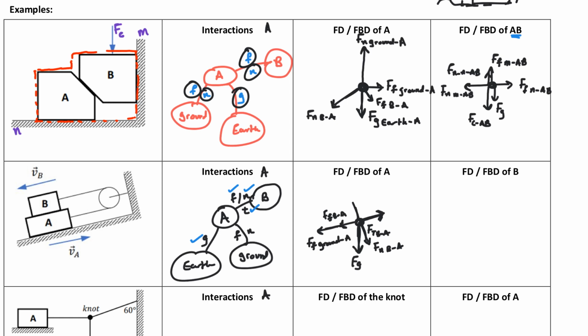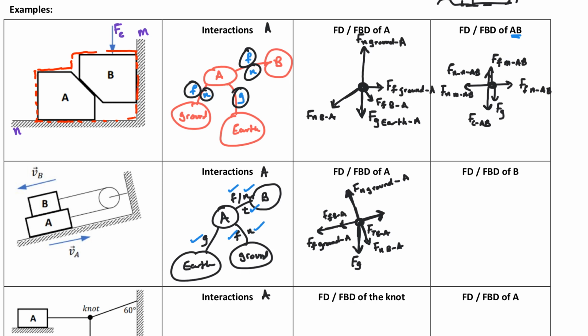So I'm going to draw this force over here. Note that normal forces are always perpendicular to the two surfaces, and this is going to be the force normal from ground to A. Fantastic. Now we've taken care of these two forces as well.